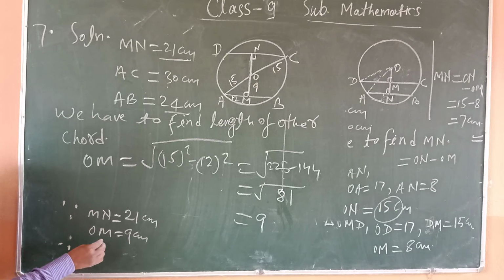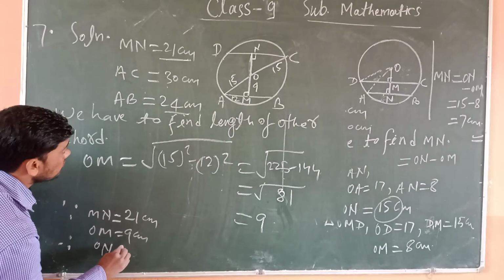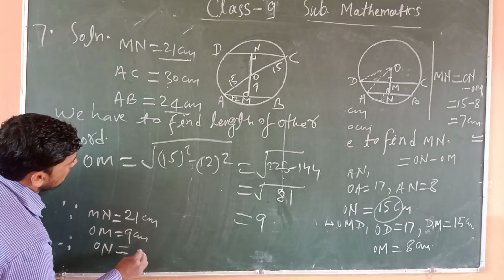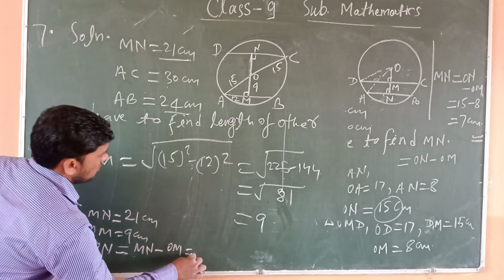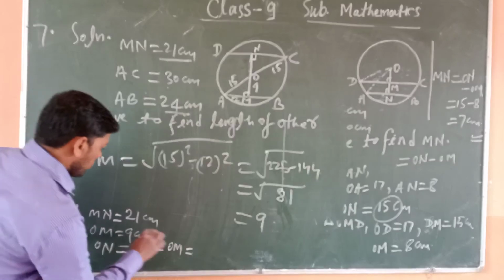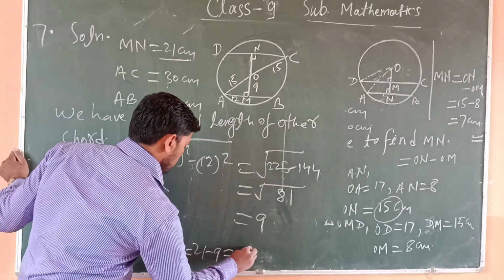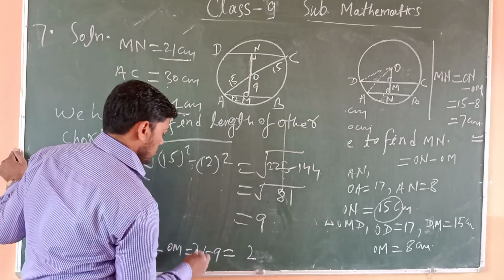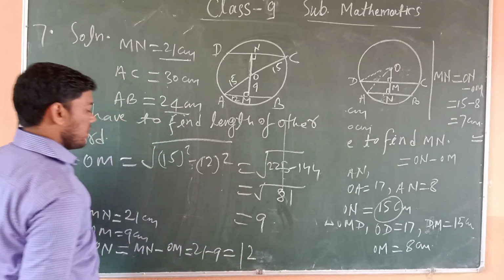Therefore ON is equal to MN minus OM, 21 minus 9, 12 centimeter.